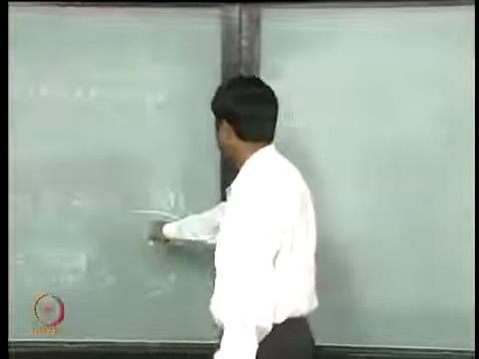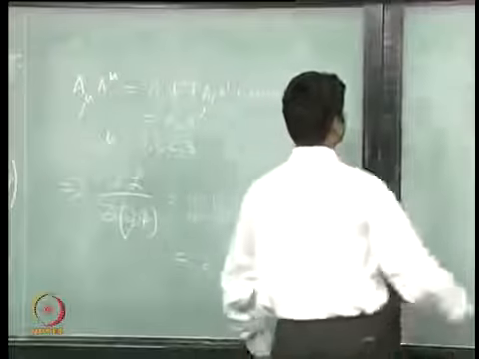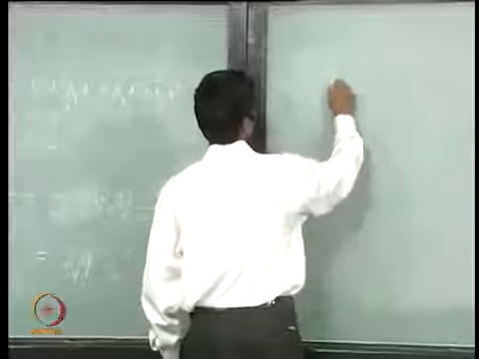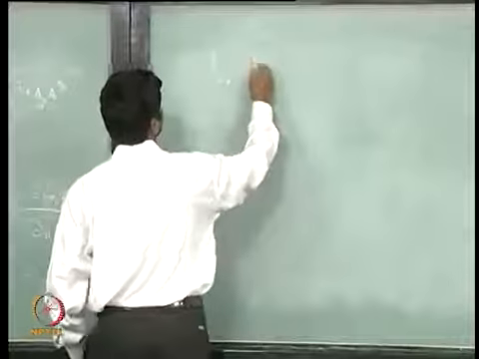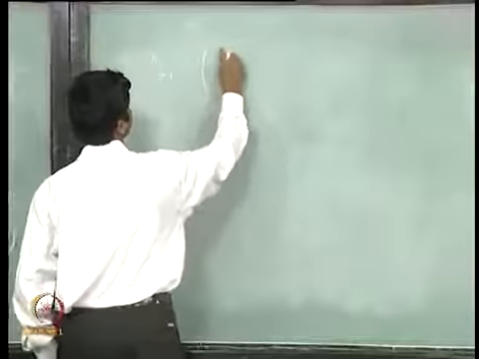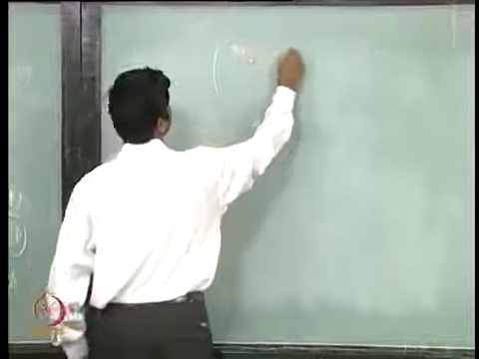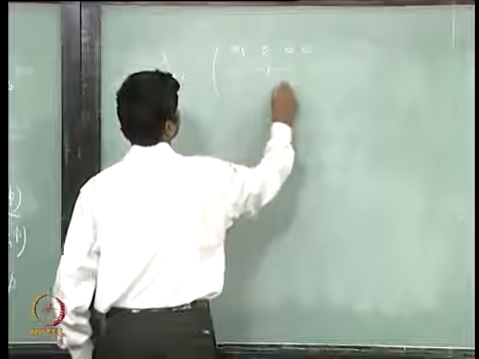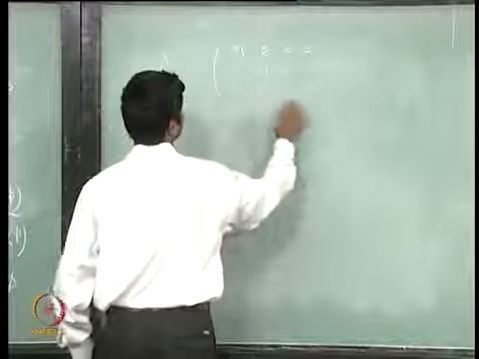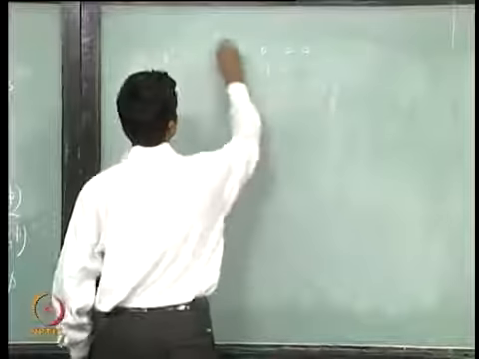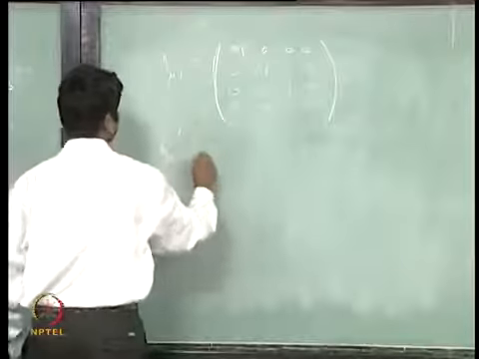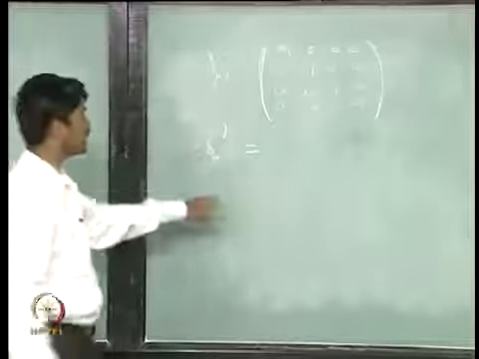Let me explain the symbols again. Eta mu nu is equal to 0, 1, 0, 0, 0, 0, minus 1, 0, 0, 0, 0, minus 1, 0, 0, 0, 0, minus 1. And now, delta mu nu is the identity matrix.